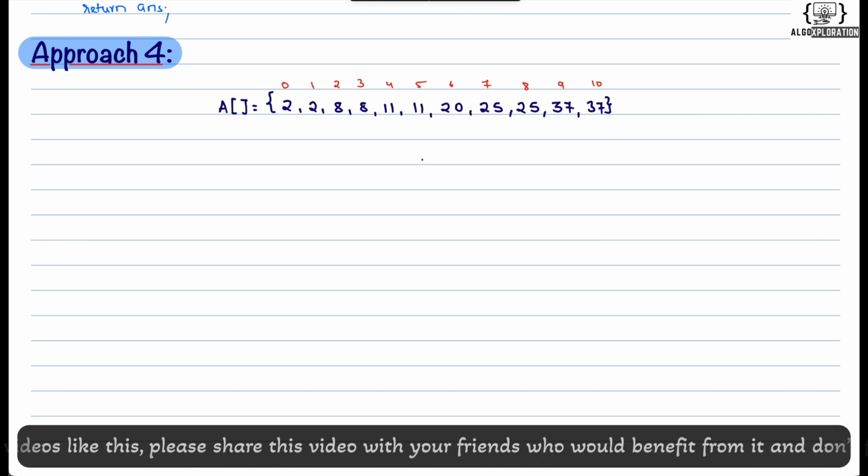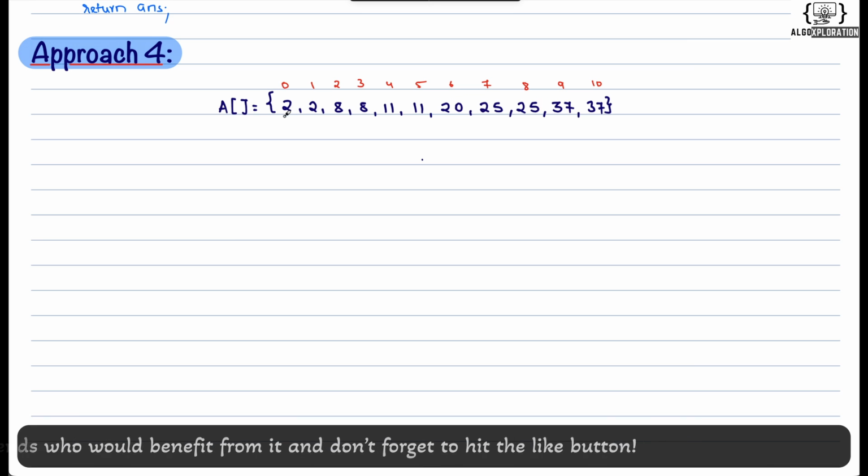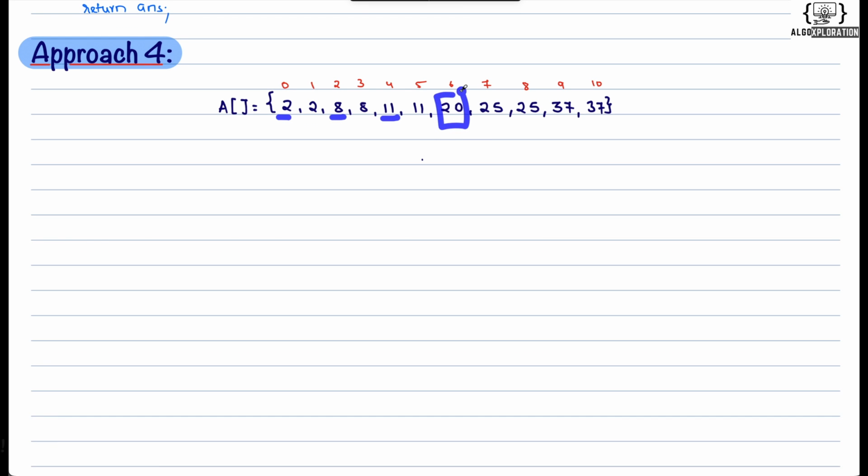Now if we observe, the first occurrence of every element is at even index till the unique element, and after that the first occurrence of every element is at odd index. So keeping this observation in our mind, can we apply binary search?